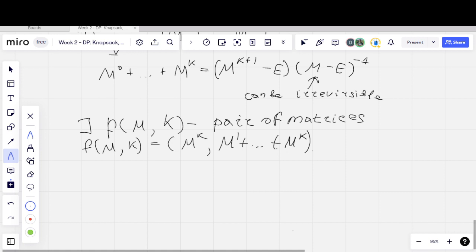How do we define the other functions? f1(M, k) and f2(M, k). We want to calculate these functions, and they will be defined like this.